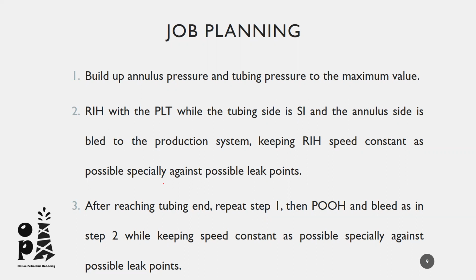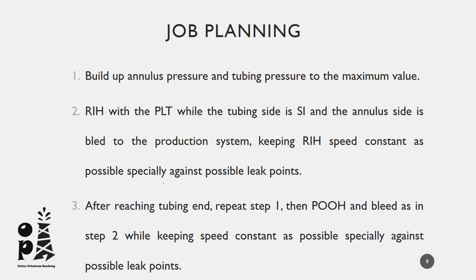First, we build up pressure in both tubing and the annulus using the high pressure gas source. Sometimes we can't run in hole with slickline equipment while the wellhead pressure is high, and in this situation, we can go directly to step 3, not starting by step 1. But in our situation, we can do this.